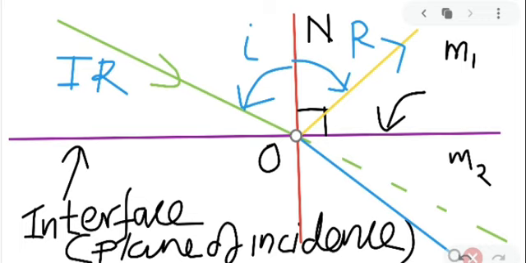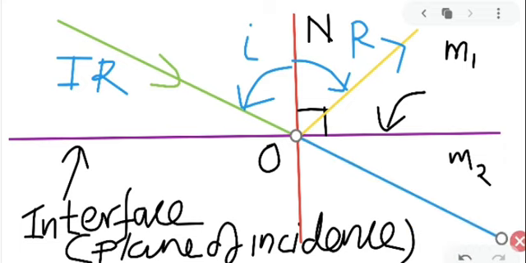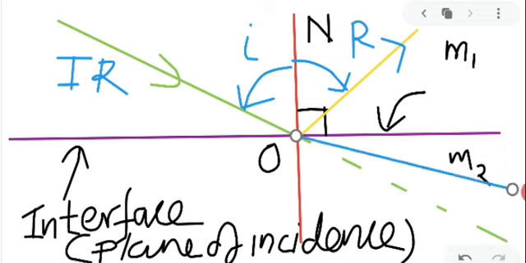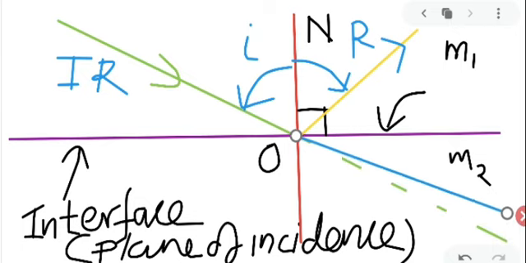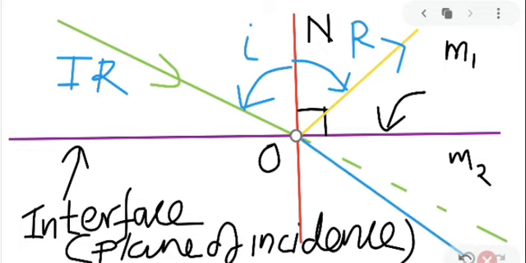Whether it will move towards the normal or away from the normal depends on the refractive index of medium 2 with respect to medium 1. Let me highlight it again. That is what is going to dictate whether it should go away or come towards the normal.